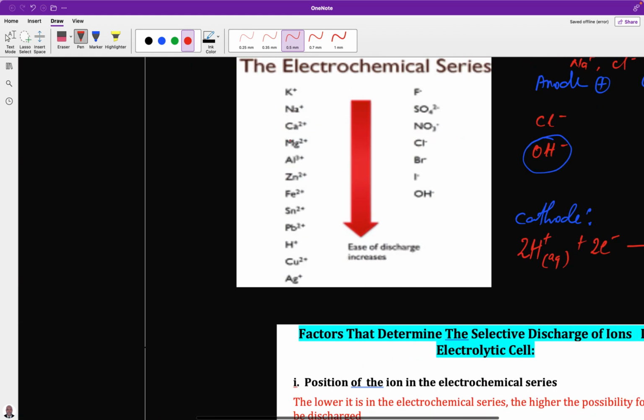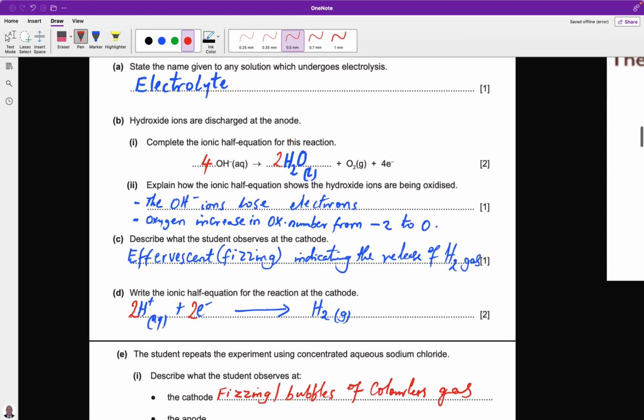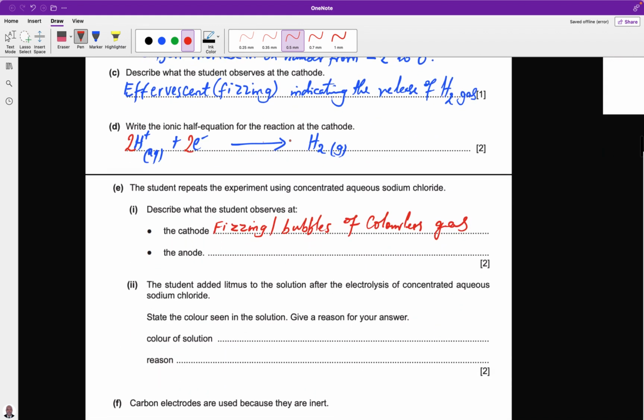So now, let's go there. Now, at the anode, describe what the student observed. At the anode, it will still be fizzing. What will be observed at the anode is fizzing.